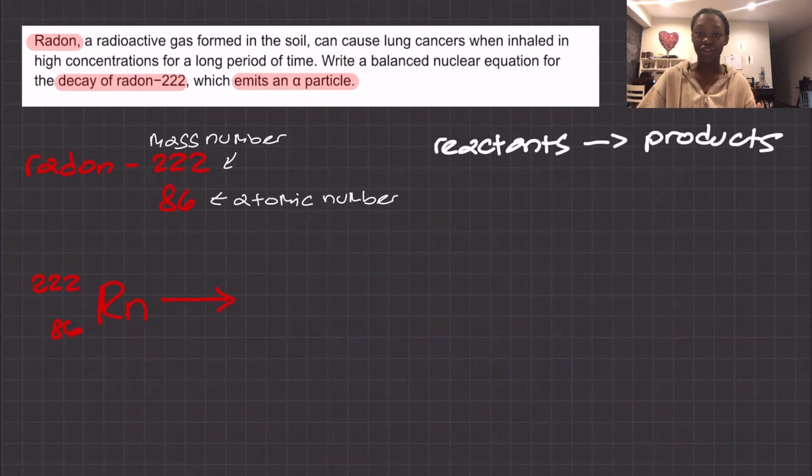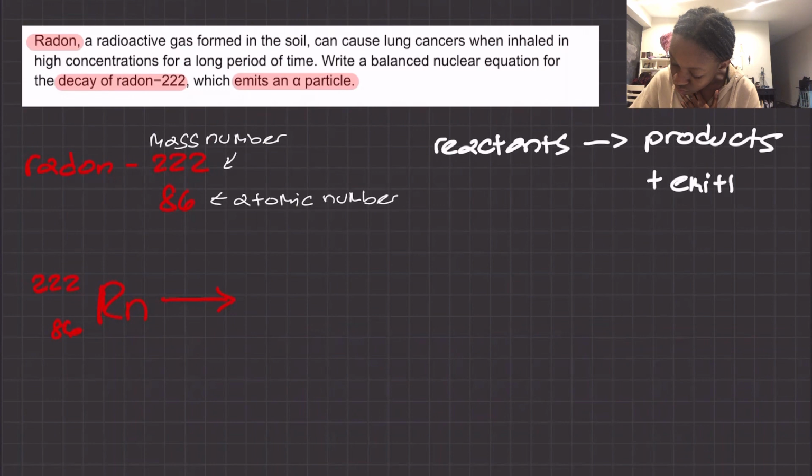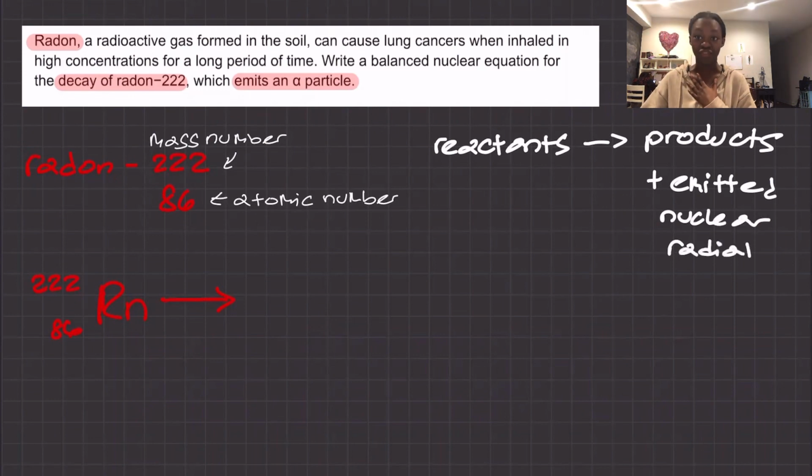This is for any equation, a chemical equation or a nuclear one. The difference is with a nuclear equation, it's going to be products plus an emitted nuclear radiation. In this case, an alpha particle.